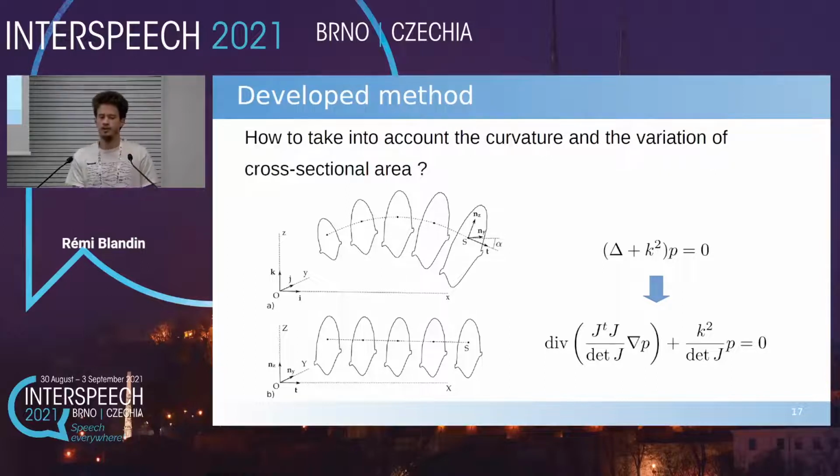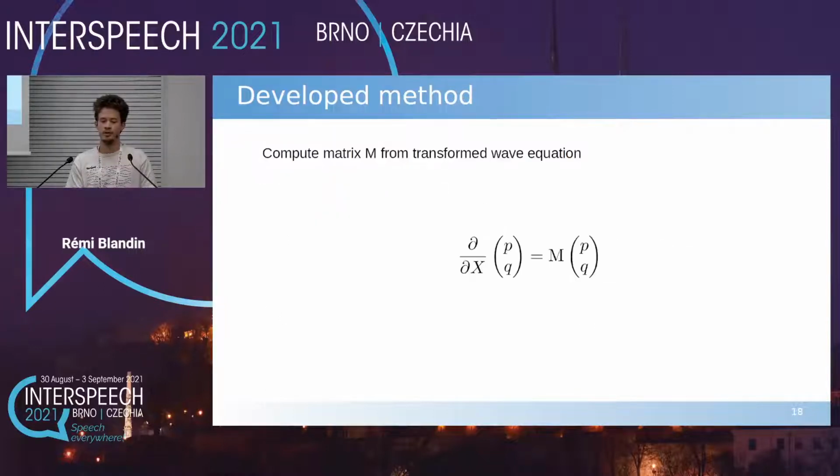This geometrical transformation can be characterized by its Jacobian matrix, and this Jacobian matrix is used to transform the wave equation to express it in the transformed coordinates to obtain the equation on the bottom. And this transformed wave equation is used to build the matrix M in this set of coupled differential equations and to solve the problem.